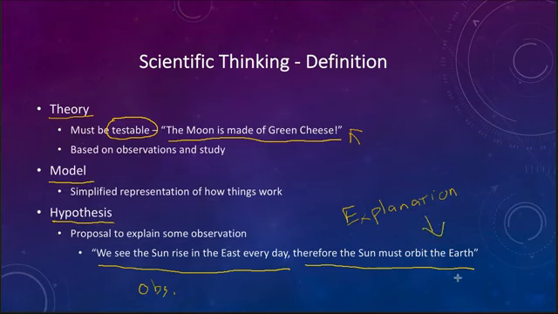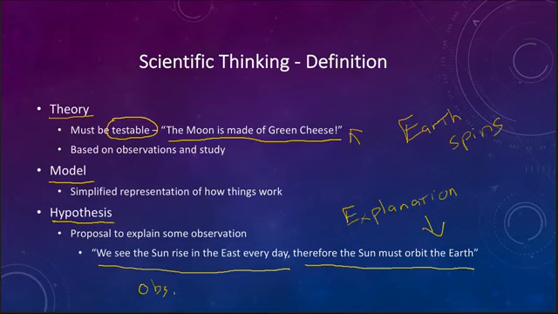It could be the sun orbiting the earth, or we may want to say that the earth spins. Another example of how we can explain that the sun rises in the east and sets in the west every day could be that the earth is spinning. Each of these would make other predictions, and you would then use that to test your hypothesis and find out which one best supports it.